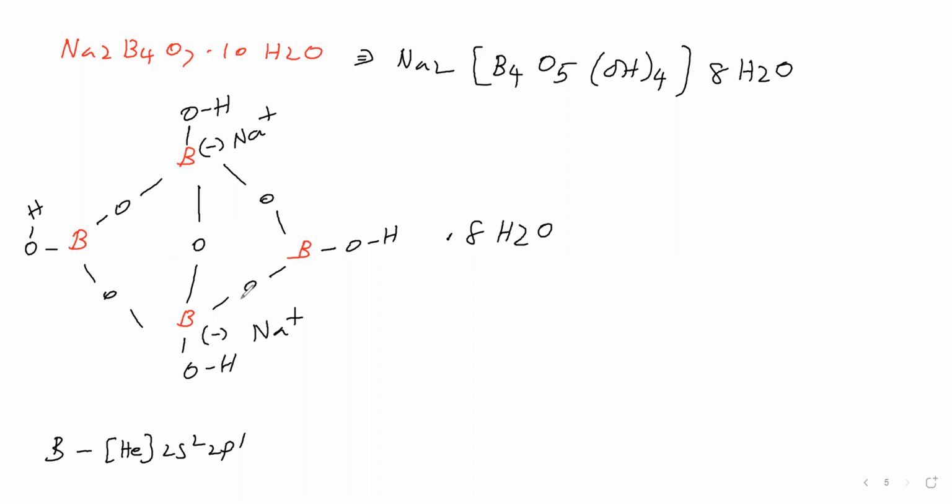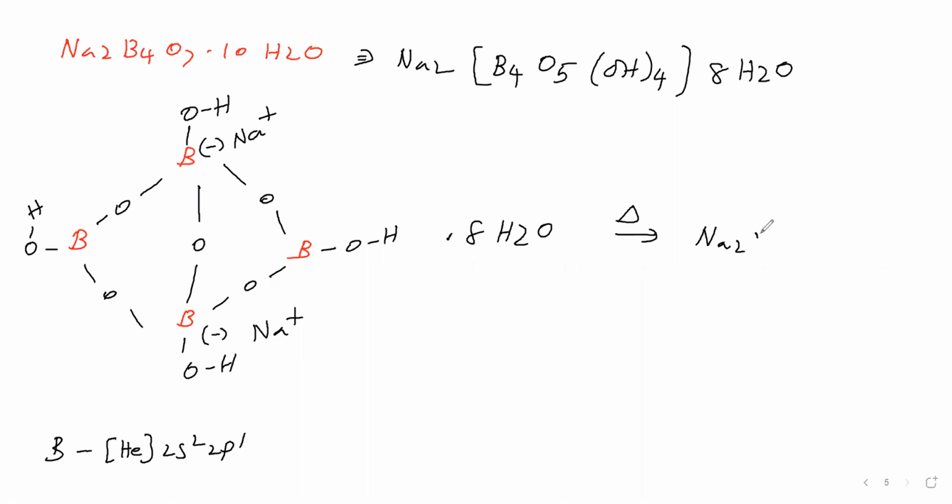Now, if we remove all the water molecules, how will the borax be? Because of the water molecules present, we have written the structure like this. Suppose we are heating this, then all the water molecules will go away.